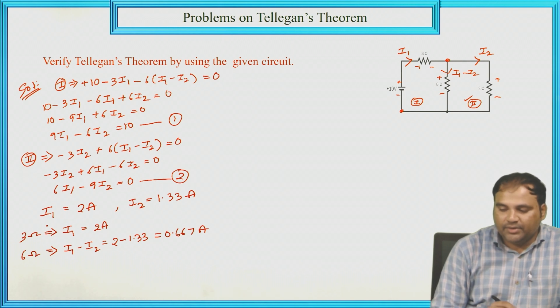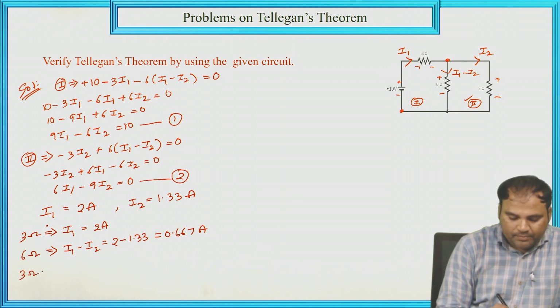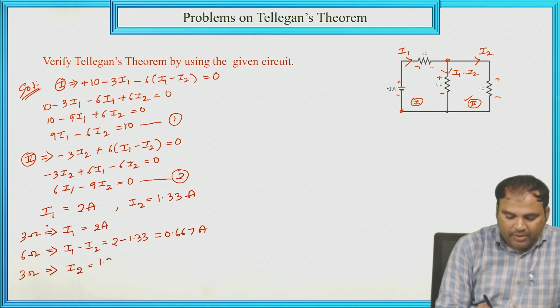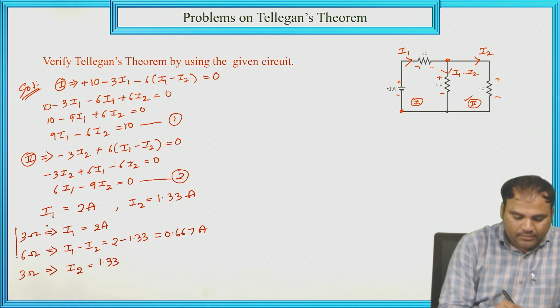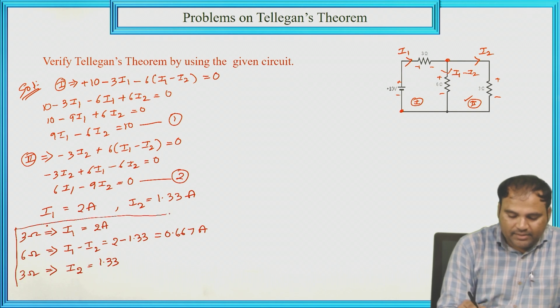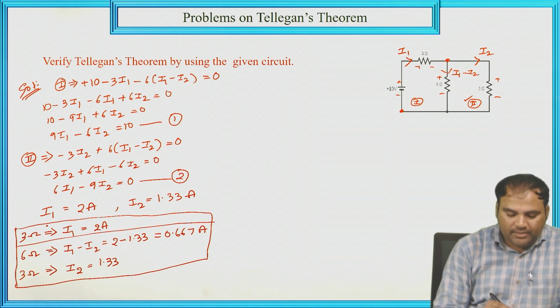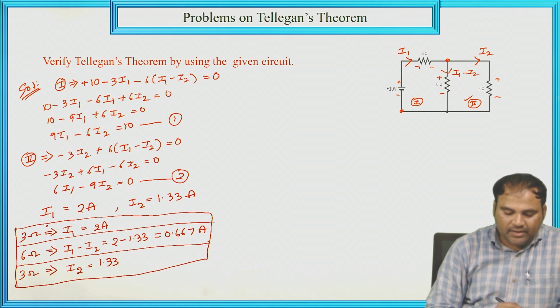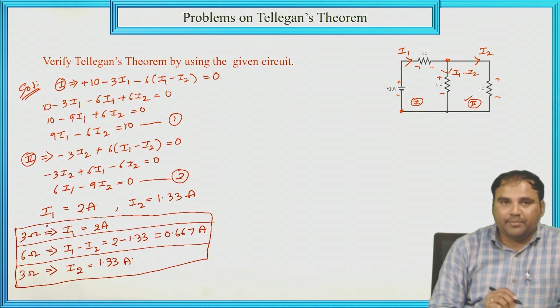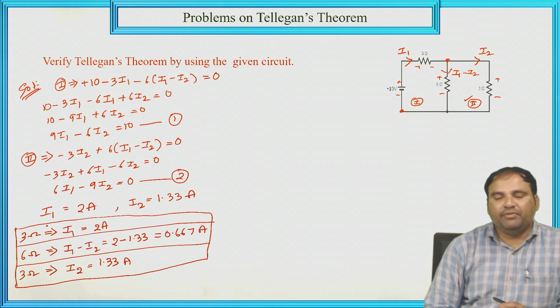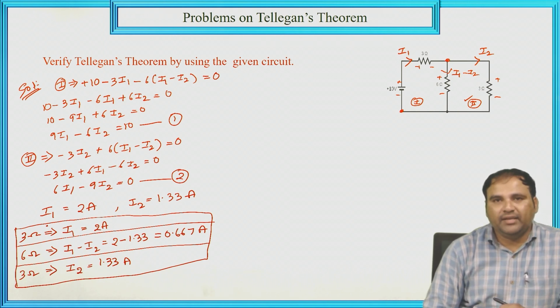Similarly, the current through the other 3 ohm is I2, which is 1.33 amperes. So these are the currents. Current through the first 3 ohm is 2 amperes, current through 6 ohm is 0.667 amperes, and current through the second 3 ohm is I2 equal to 1.33 amperes. So now we have the current values through each and every element.